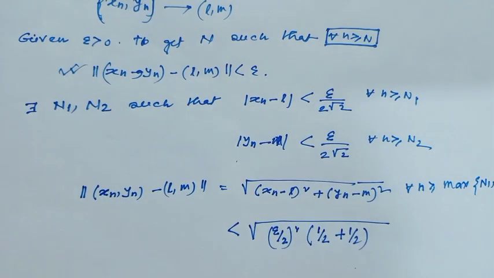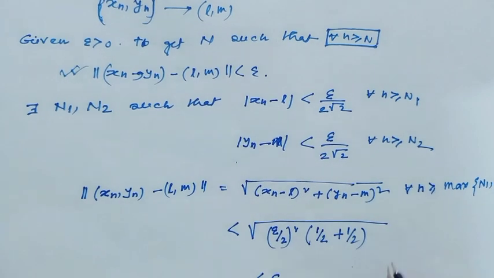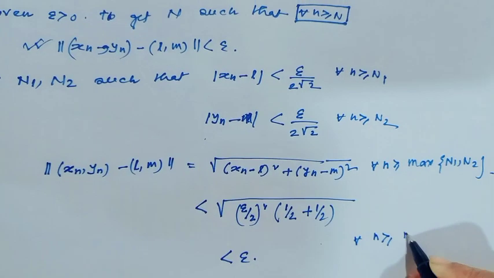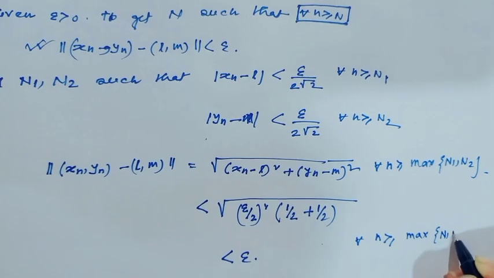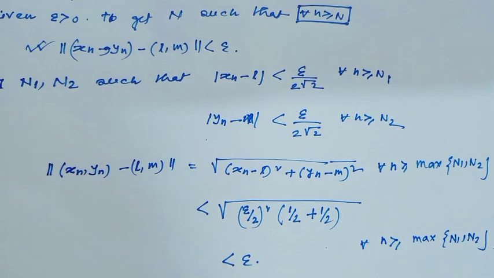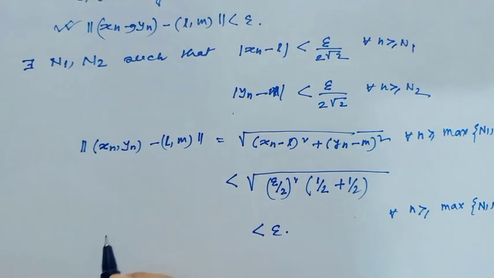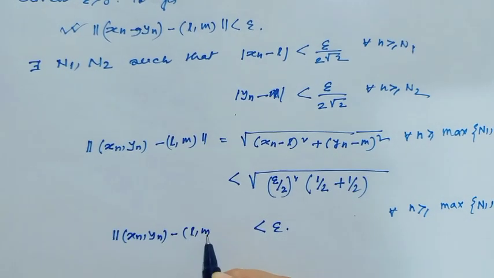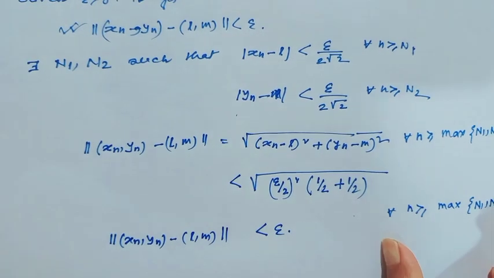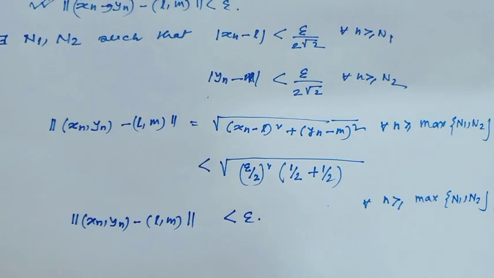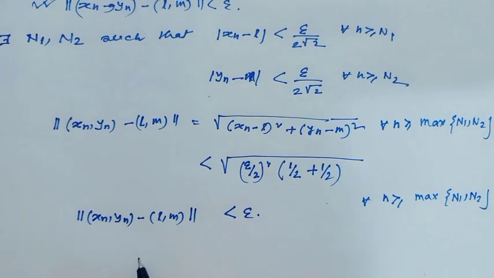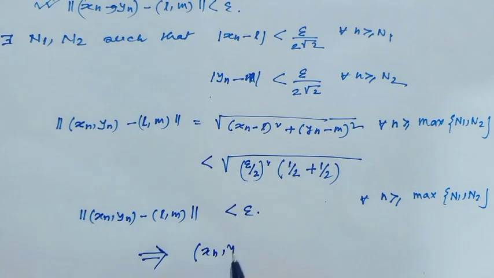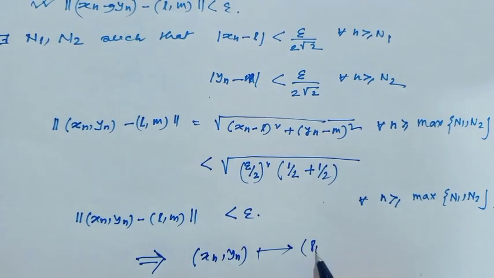Just put the value. Then this is less than epsilon, and this is true for all n greater than or equal to the maximum of n1 and n2. Therefore, I have got the norm of (xn, yn) minus (L, M) less than epsilon for all n greater than or equal to the maximum of n1 and n2. Therefore, this implies the sequence (xn, yn) goes to (L, M).